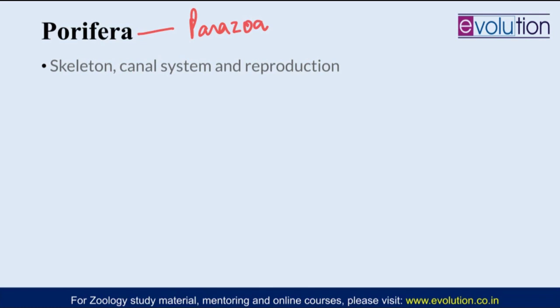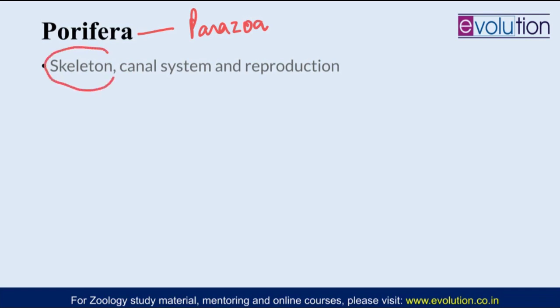So each cell works individually and does all the functions individually, and thus they are not a true multicellular organism. So Parazoa have been classified. Who classified it and who used the term first will all be included under the status of Parazoa.